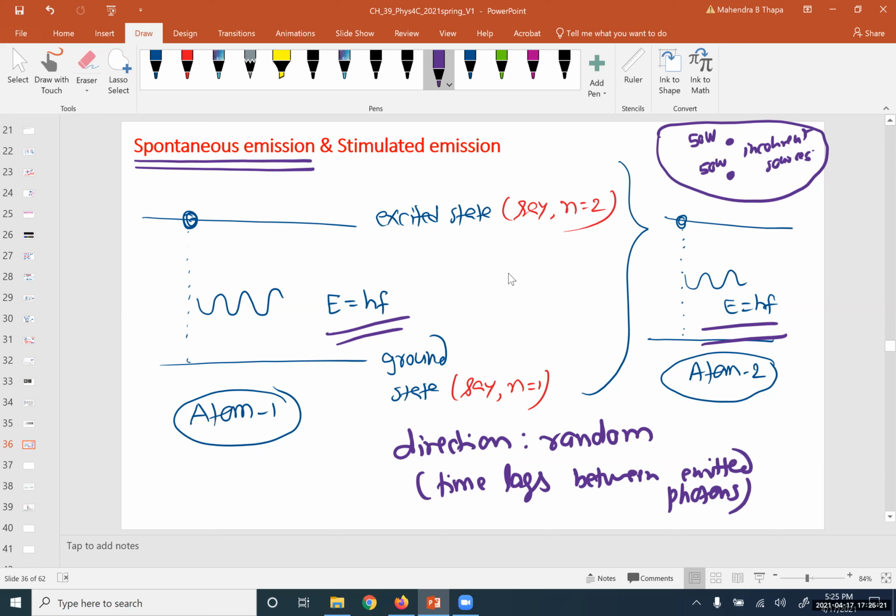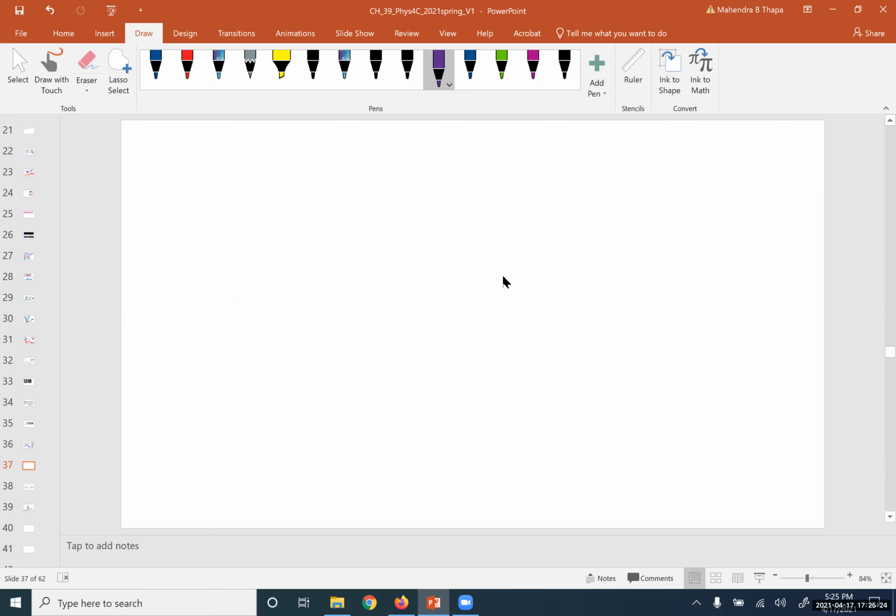If you remember in Young's double slit experiment, we put one source, then we made two sources.